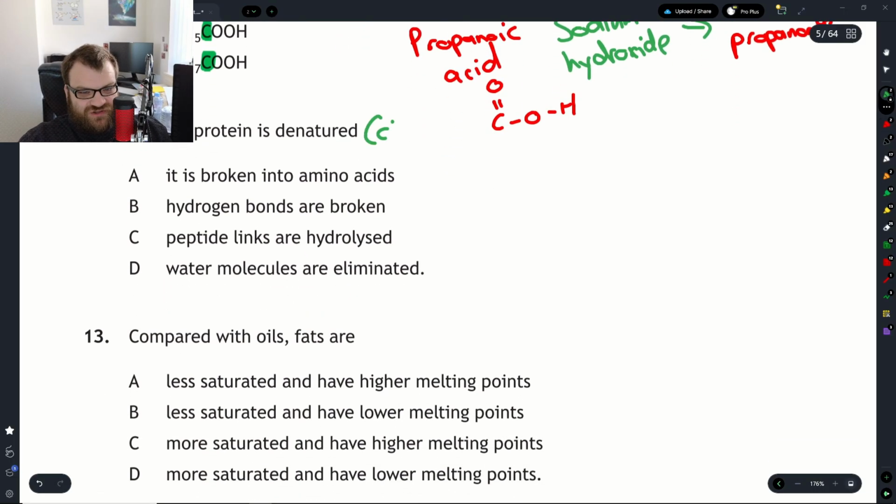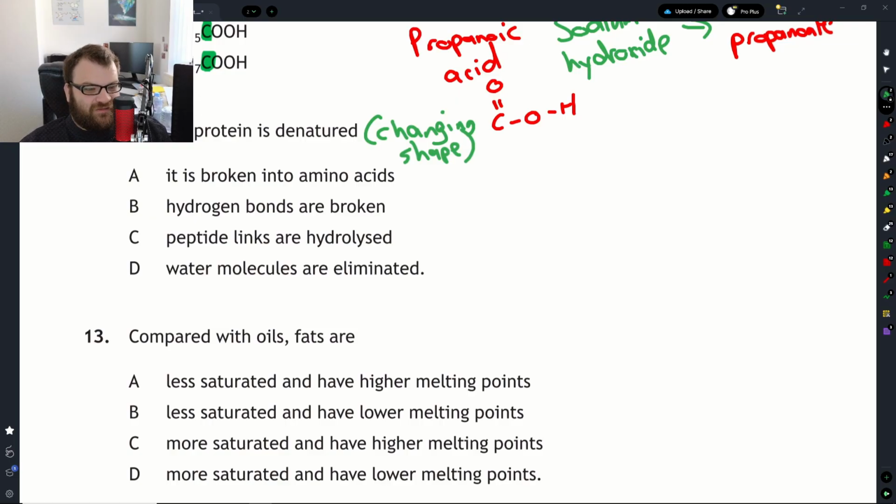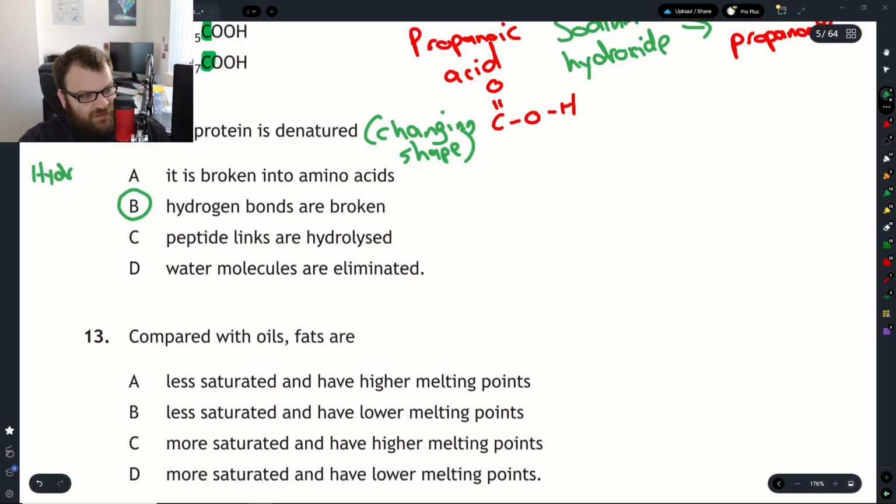Denaturing is to do with changing shape. And when you change the shape of a protein, you're breaking the hydrogen bonding. So the forces of attraction that were holding it together, it's those hydrogen bonds that would be broken that would change the shape. If you were breaking it up into its amino acids, this would be hydrolysis, where you split the peptide bonds.